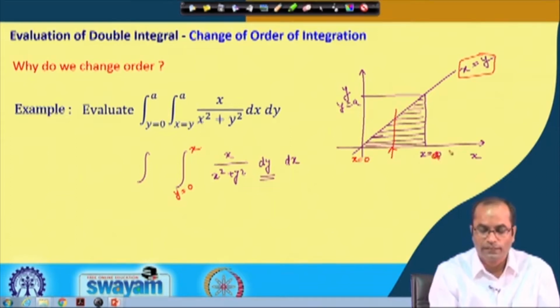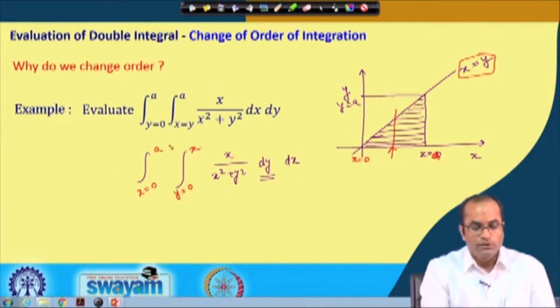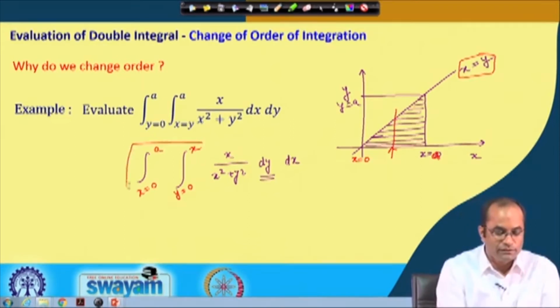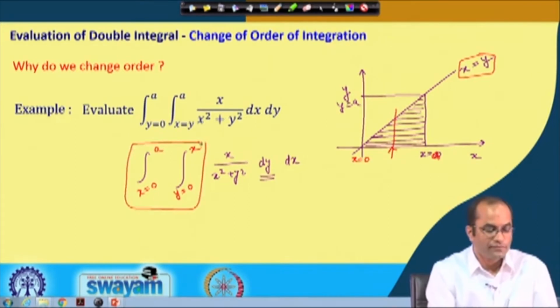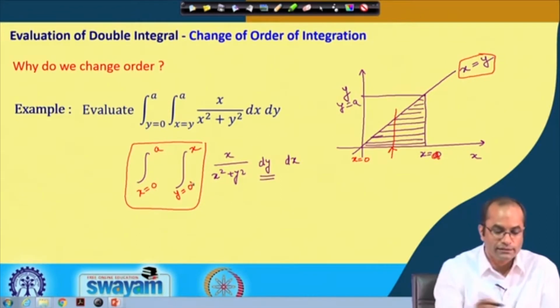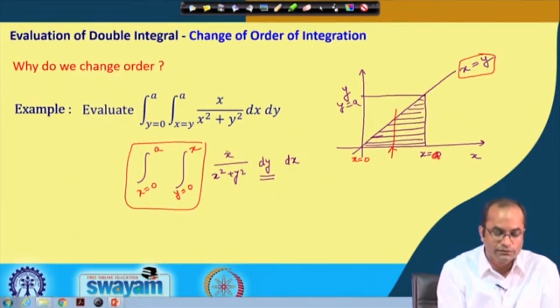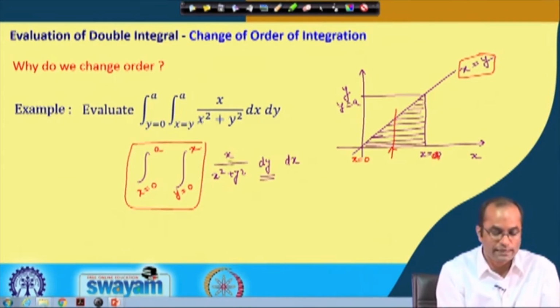In this way we have changed the limits: x from 0 to a, and y from 0 to x, and now we can integrate this, because integrating with respect to y is going to be easier. Here x is constant.